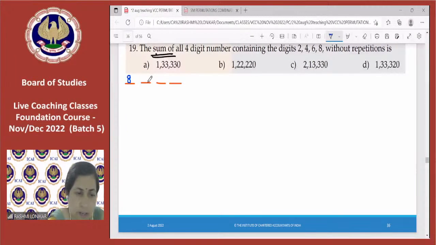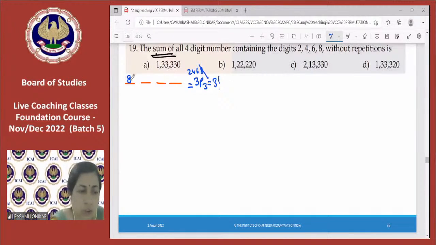How many places are remaining? 1, 2, 3. Okay, I have to fill 3 places. How many digits are remaining? See, because I had 2, 4, 6, 8. So out of 2, 4, 6, 8, I have already taken 8. How many digits? 3 digits. How many places? 3 places. These can be arranged in how many ways? That is 3P3, which is equal to 3 factorial.